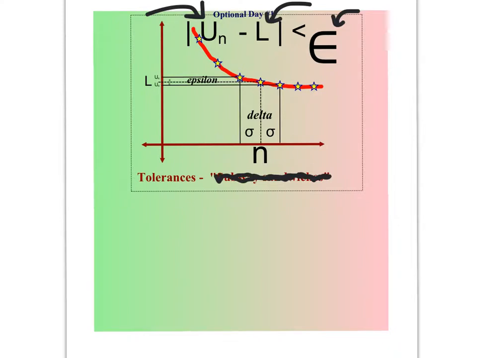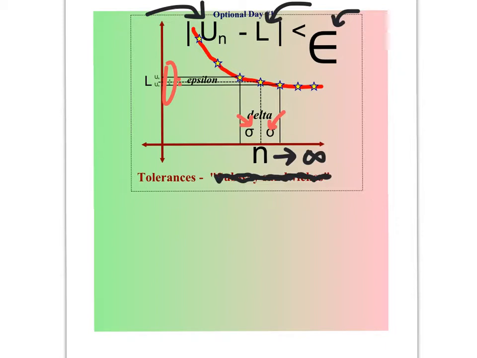But as n increases, as n goes off to infinity, what you're going to notice is that this gap, this epsilon right here, is going to be the tolerance, or how close our estimate, based on sigma, or delta, so to speak, how close is it to the actual limit?